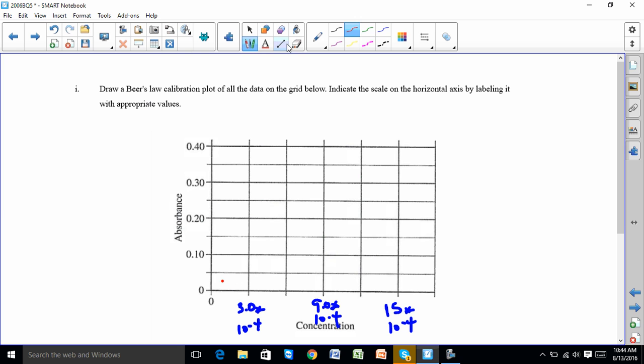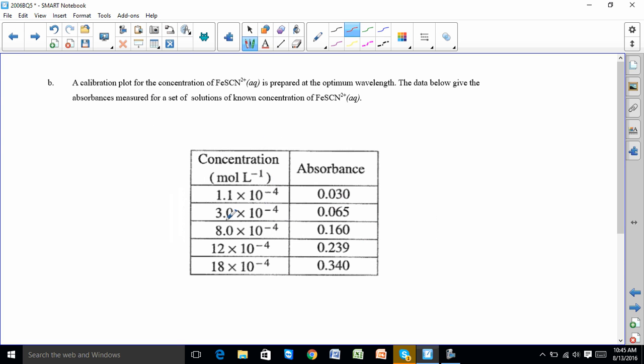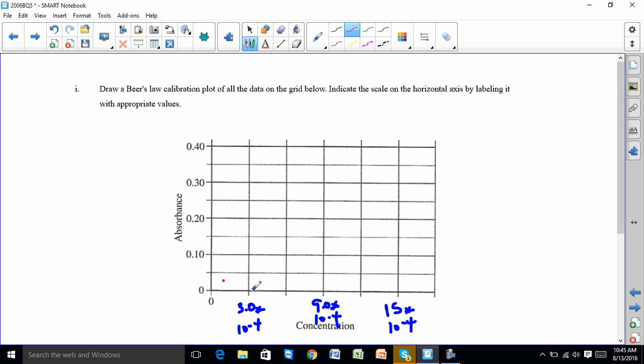a third of the way, and then up to 0.03. So that's the first one. And then the second one is 3 is 0.065, so right on the 3 line, and here's 6, 0.065, probably right about here.